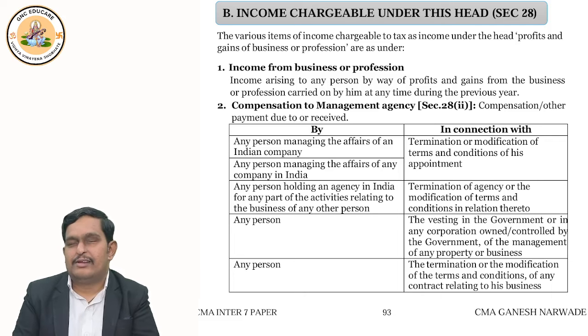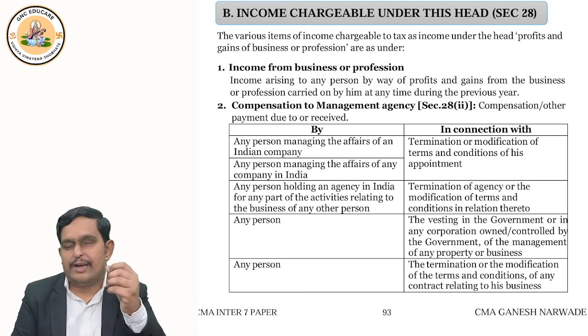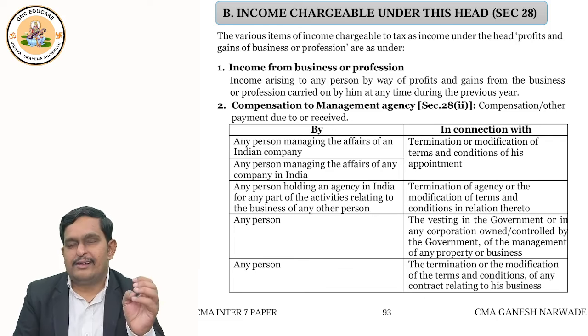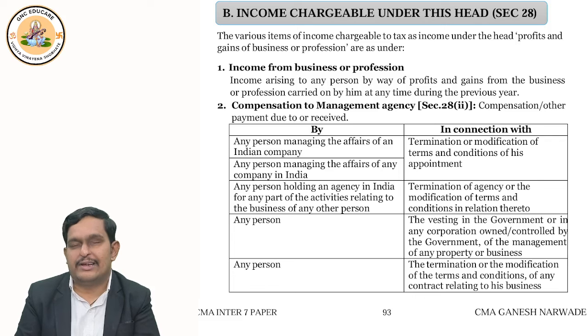Now, Tata's vision of operating the company, running the company is different, and Cyrus Mistry has a different perspective. So there was a clash. And what happened? Cyrus Mistry was asked to get out. So his job as a managing director was now not there. He was terminated.